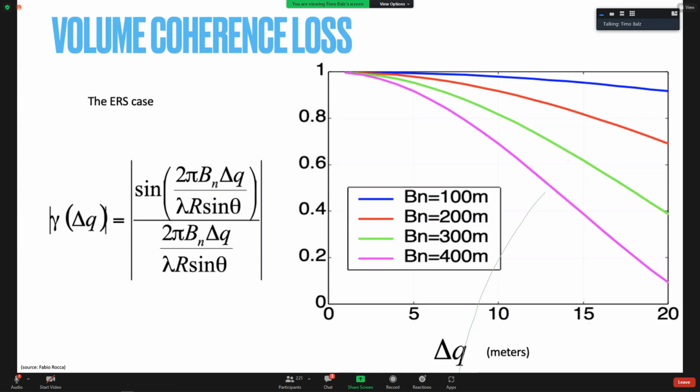But clearly, both of them will in reality come together, and you will lose coherence in such forests through temporal decorrelation and through volume coherence loss. And so you're going to lose a lot of coherence in forests.